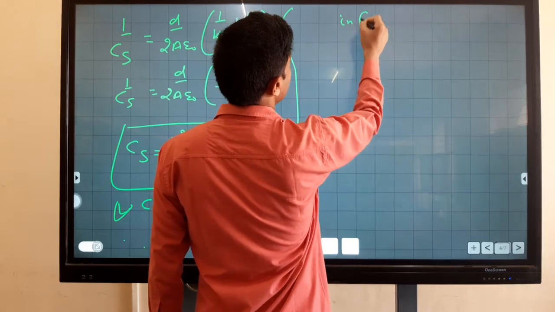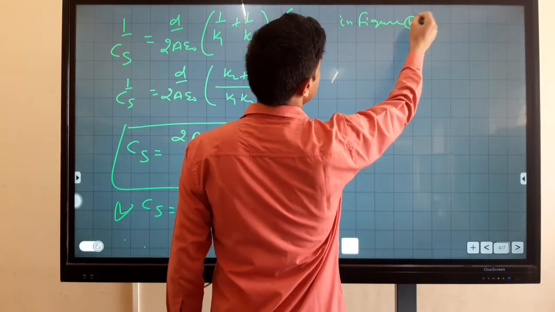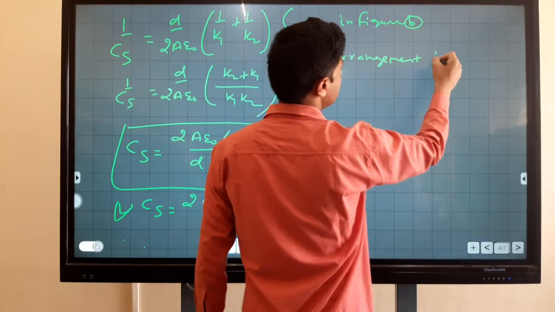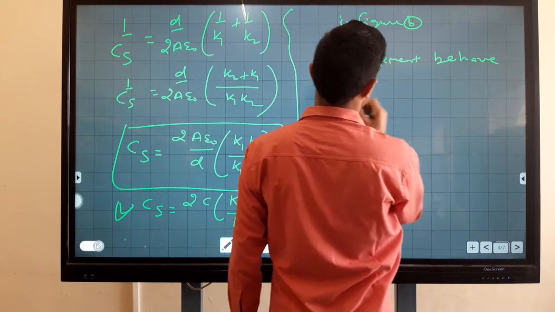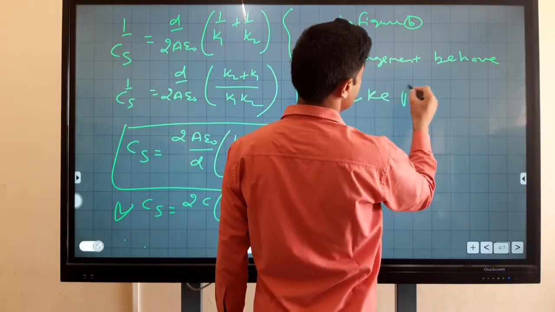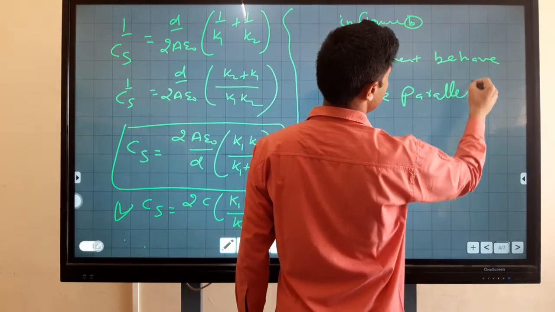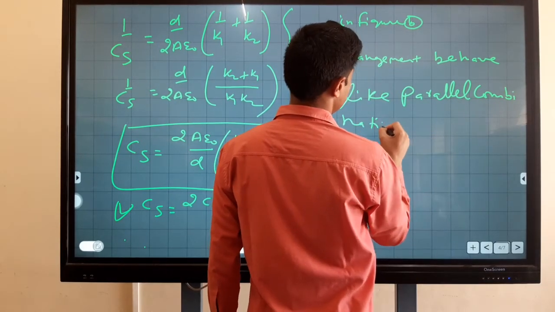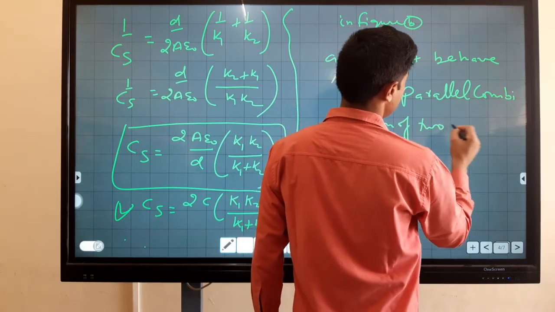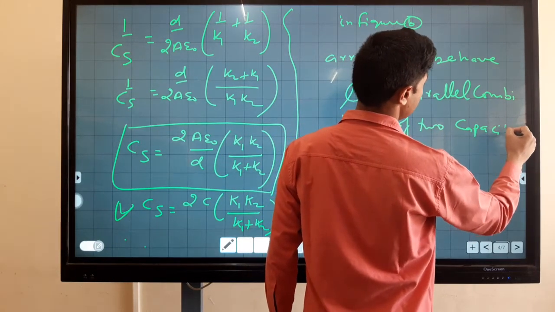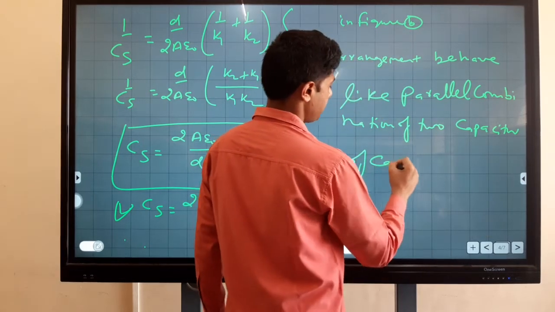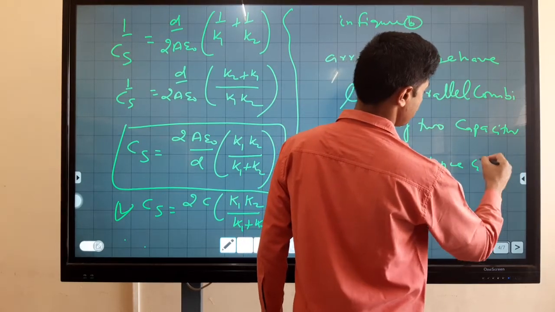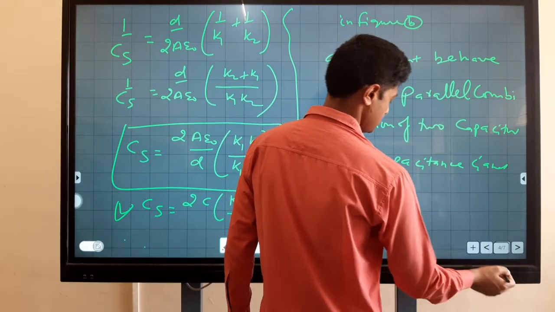In figure B, the arrangement behaves like a parallel combination of two capacitors of capacitance C1 dash and C2 dash.